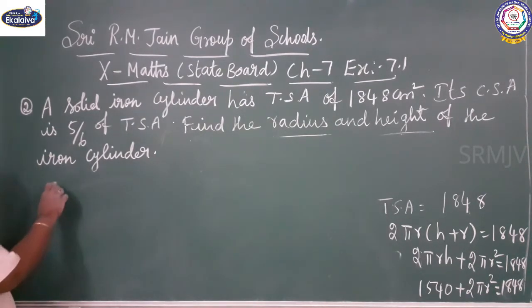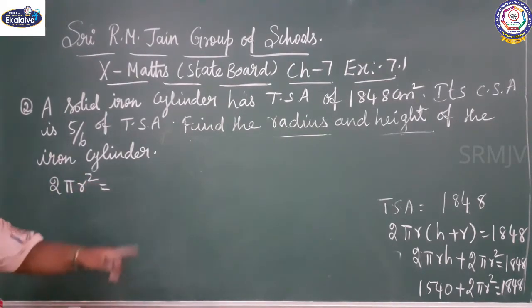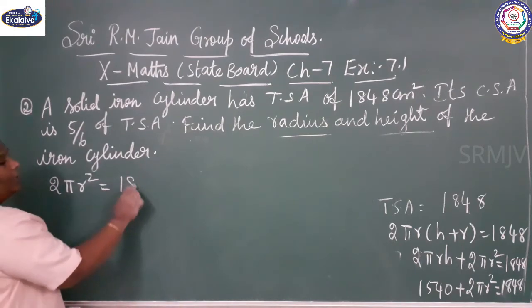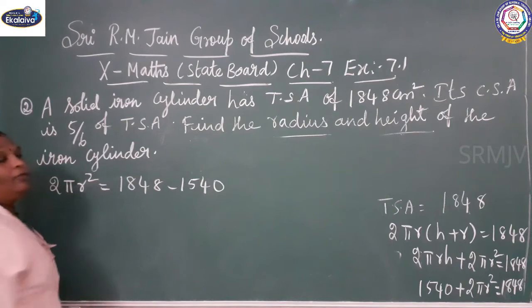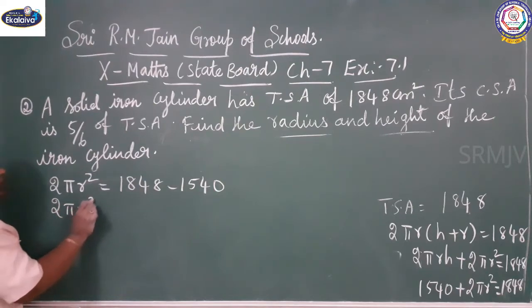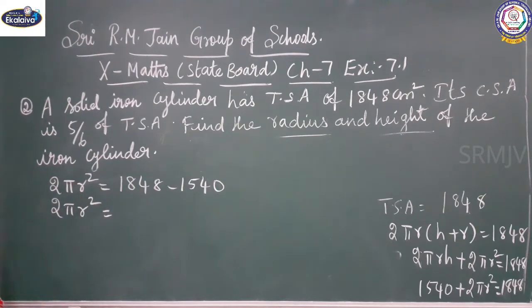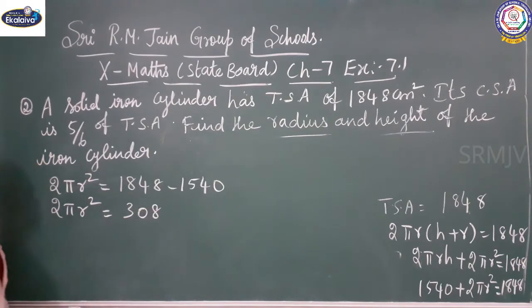See here, 2 pi R square equal to 1848 minus 1540. 2 pi R square equal to 308.